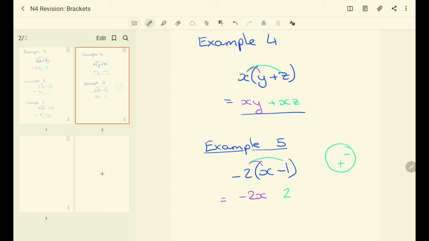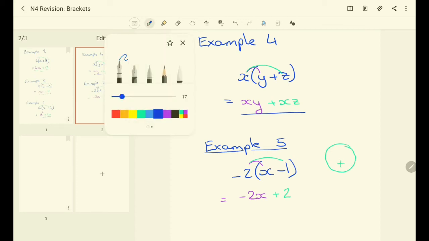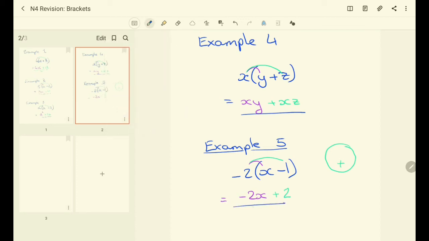By negative 1, we rub out another negative. And we know that because the only symbol left in this smiley face is the positive sign, that 2 is positive. So if you multiply negative by negative, we end up with positive 2. And that is example 5.